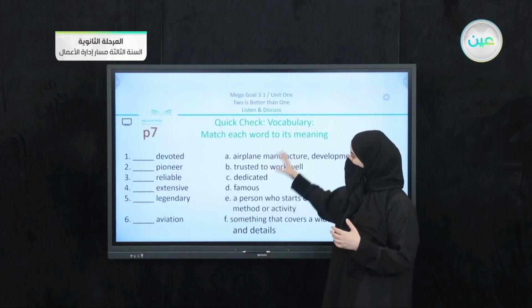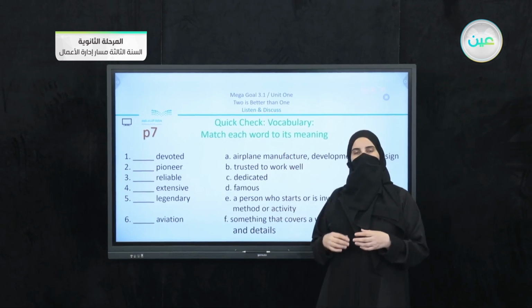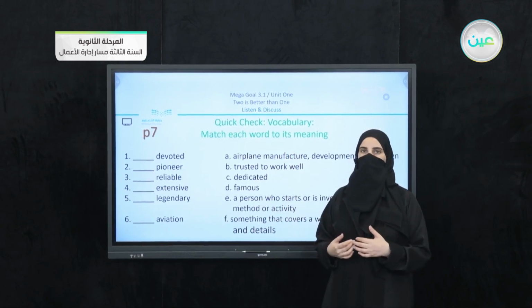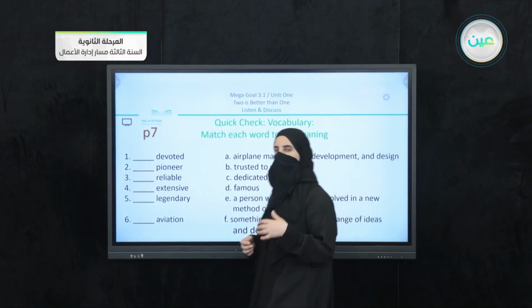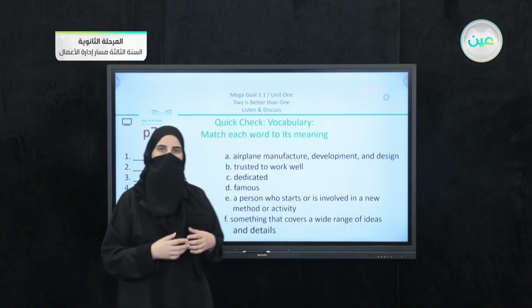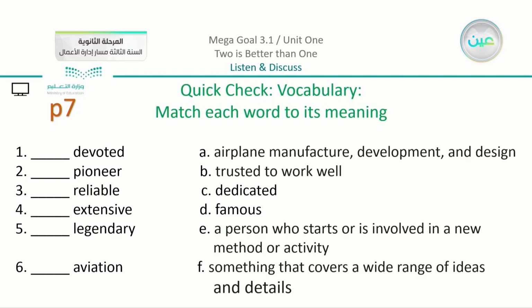Now you can also just scan quickly, and you can sometimes relate from the meanings that we have here. Like the first one, we have something related to airplane in A. We have here trusted, the word trust, and working well. We have one simple word, C, dedicated. We have famous, which is easy. We have here also E. Now E, we are talking about a person, specifically a person.